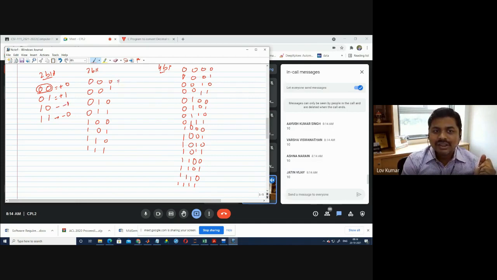Same like that, let us check with three bits. We write 0 0 0 as plus 0, plus 1, plus 2, plus 3. Now we find the 1s complement of 0 0 0, which gives minus 0. The 1s complement of 0 0 1 is 1 1 0, which is minus 1.